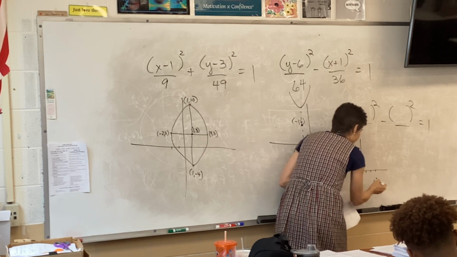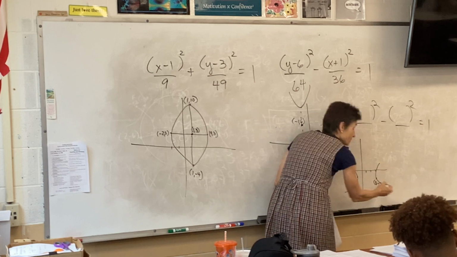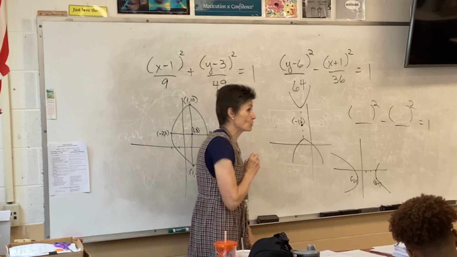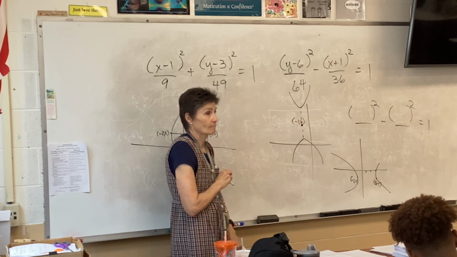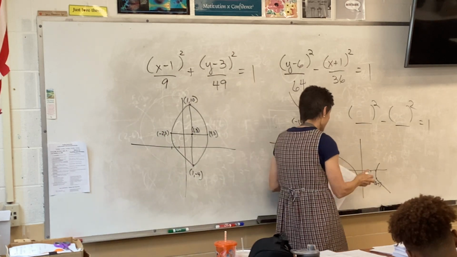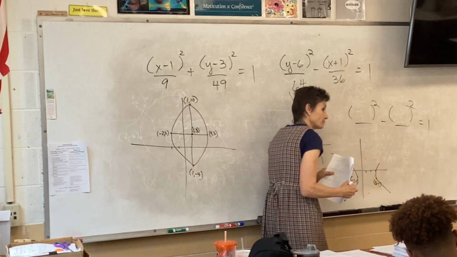Now you guys, if that's the transverse axis, don't I look like this? Because the transverse goes through the vertices. And my conjugate axis is 1, 2, and 1, -4.